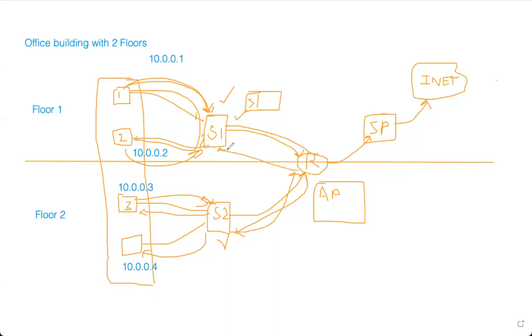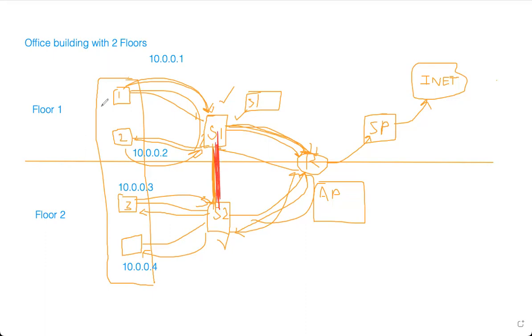So you can simplify this process. You don't need to send a request to the router because they are in the same network. What you can do is make a link between these two floors. That way, your east-west floor traffic goes directly between the switches. It does not have to go all the way to the router and then come back again. So you can bypass this by having a link between your switches.